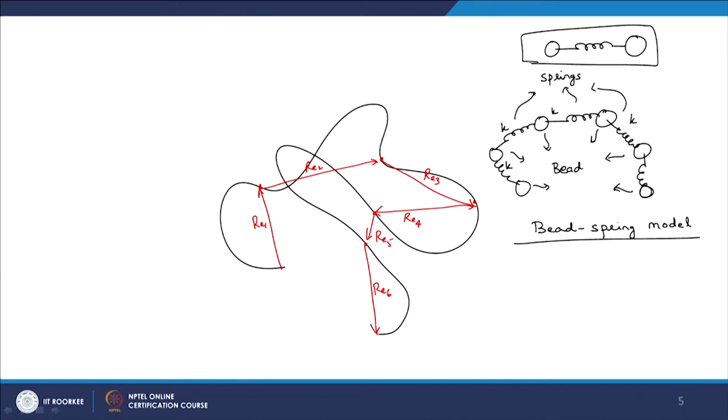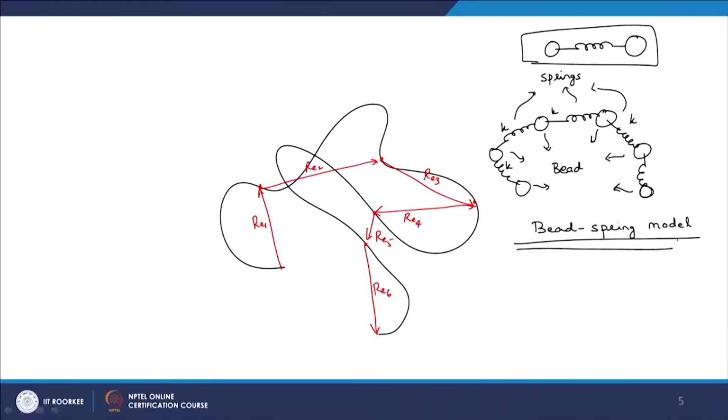It does capture the mean square end to end distance correctly, but it does not tell me what the internal structure of the polymer chain is. And if I go for this detailed model, I can also account for the internal flexibility. Okay. But the idea simply extends from the model we discussed. So, we will not completely derive this model, we simply state the relationships for this particular model.